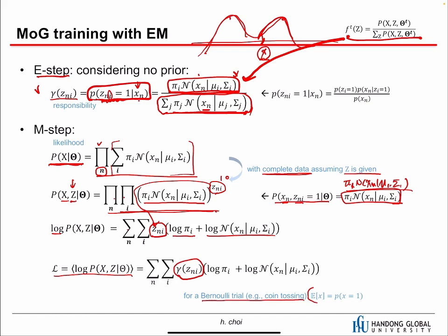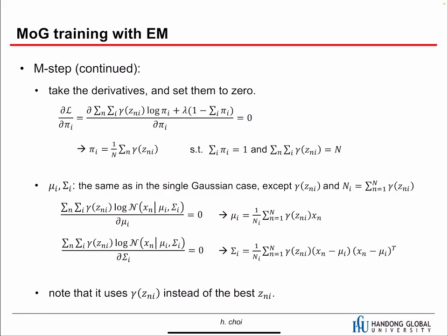The expectation of x, when we toss a coin, the expectation of this event is actually the probability. And the probability of z sub ni is actually the responsibility here. And log pi and the log Gaussian. Okay, so this is the loss function.